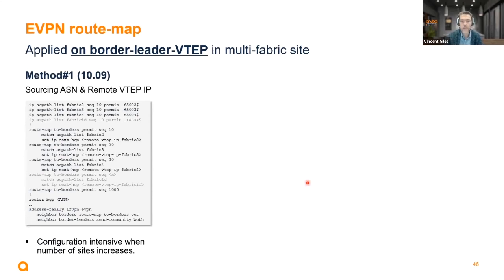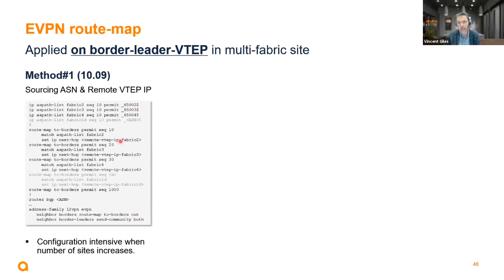EVPN route map. We saw that for multi-fabric sites, we have to apply a route map on the border leader VTEP. The method that we already saw was to match on the sourcing autonomous system number and to apply that route map outbound.